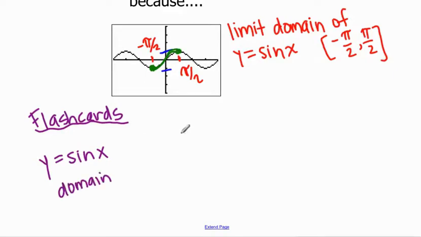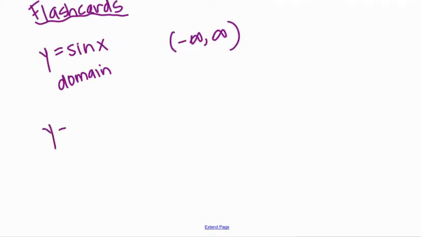And on the flip side, you would put negative infinity to positive infinity. y equals the sine of x, range. And on the back side, you would put, using brackets, -1 to +1.